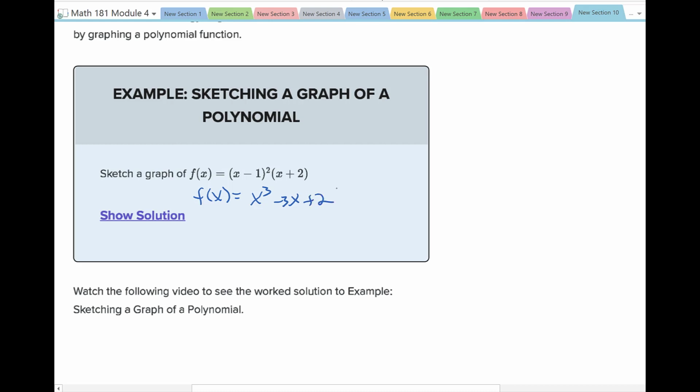Okay, and so our step 1, it's a polynomial, so it's going to be defined everywhere.